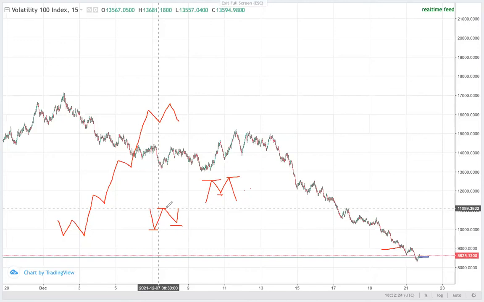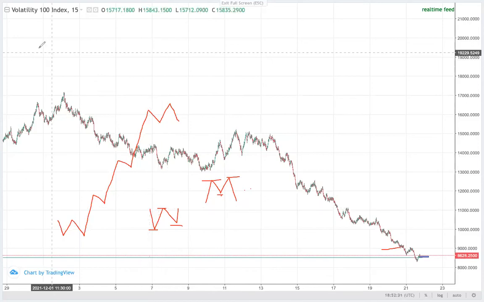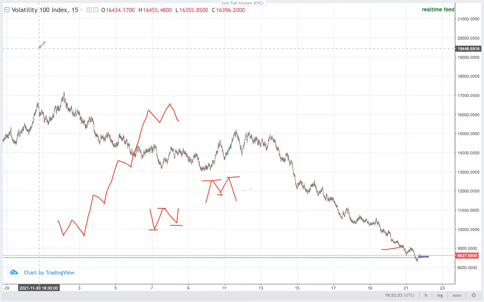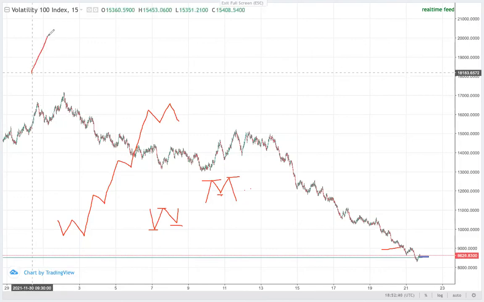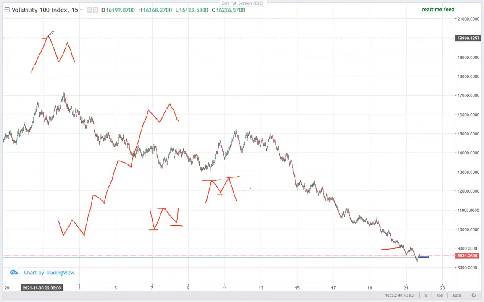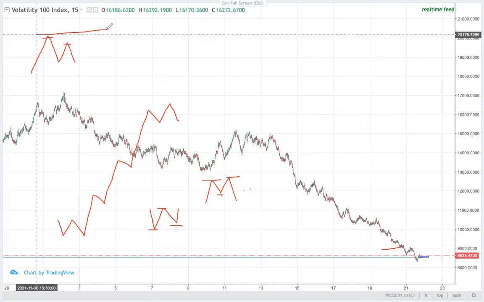But to put it in a simple manner, remember I was talking about market structure using price action. To put it best, we have the first leg bigger than the second leg. This one depicting our high. And this high not being able to break this high, thus giving us an M, which is a peak.